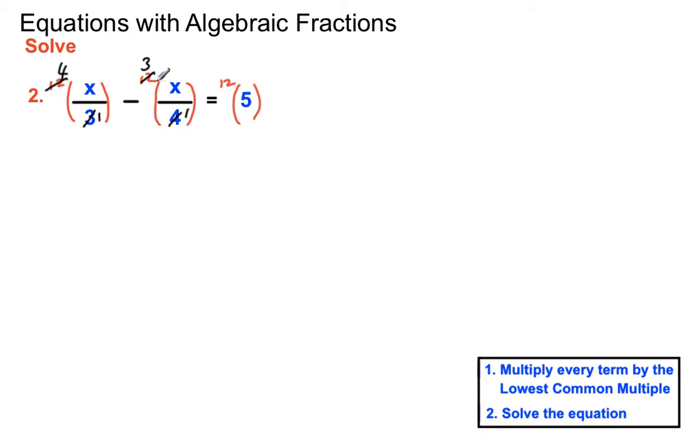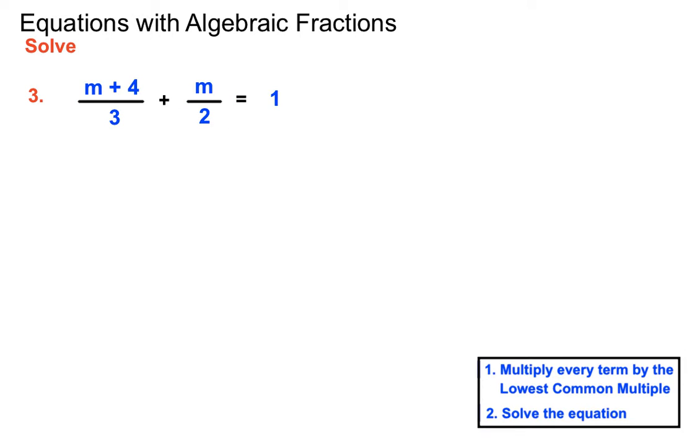And then that 4 will multiply by the x, and that 3 will multiply by the x, and we'll get a simplified equation out of that. 4x minus 3x equals 60. 12 5s are 60. 4x minus 3x is just 1x, and that equals 60, so that was a pretty simple equation from there on. But once again, we multiplied every term by the lowest common multiple of the denominators. We did a bit of cancelling, and then we solved the resulting equation.